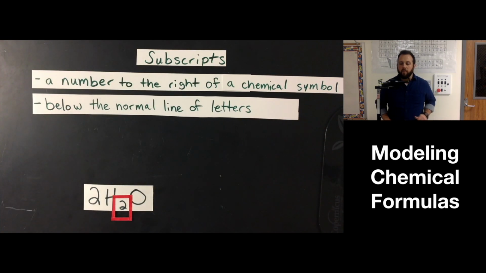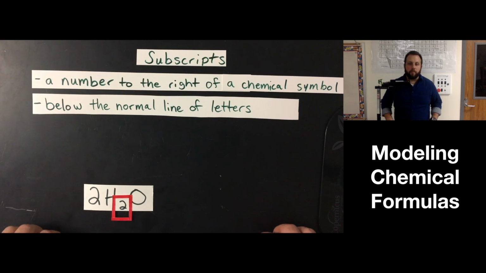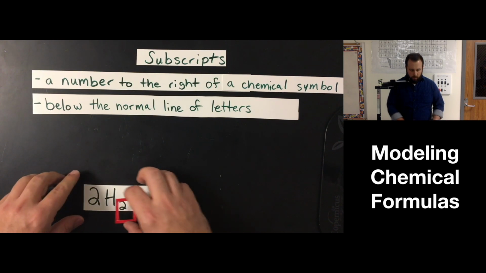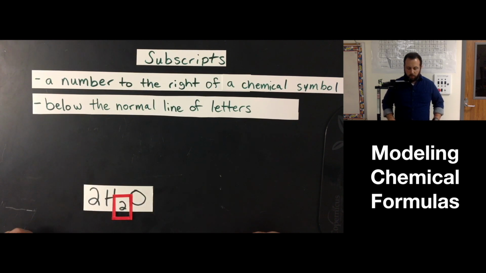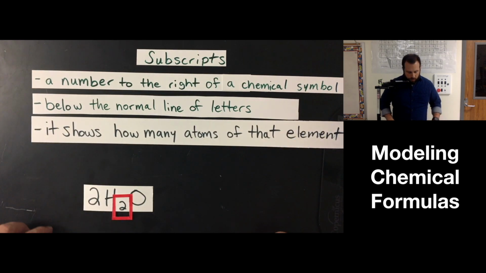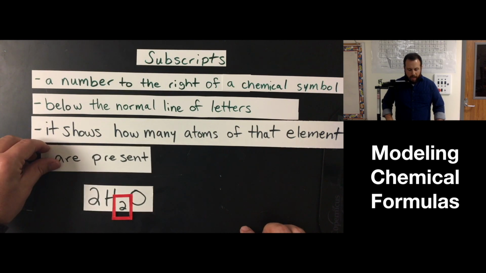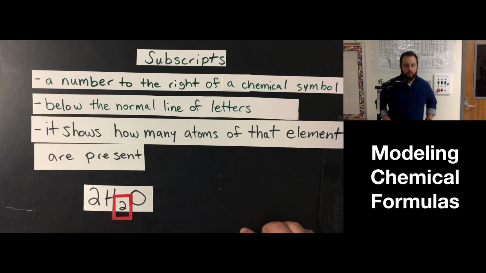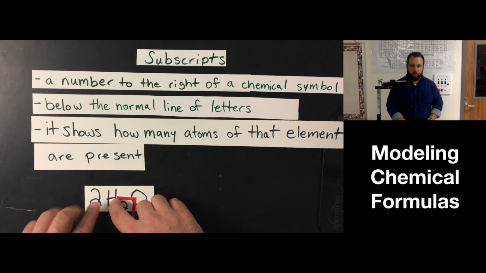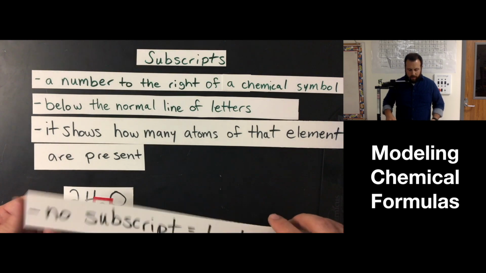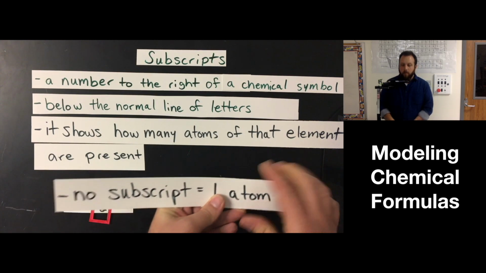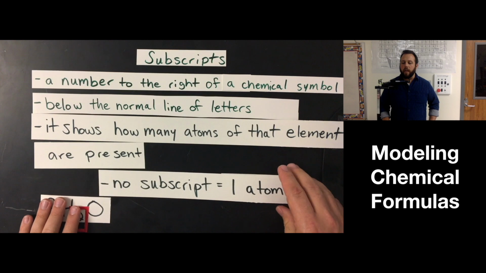It's also below the normal line of letters. If you look at this example again, it's below where that H sits in a line. So it's below the normal line of letters. And it shows how many atoms of that element are present. So this 2 tells us that there are 2 atoms of hydrogen. And then if we have no subscript, that means there's only 1 atom.